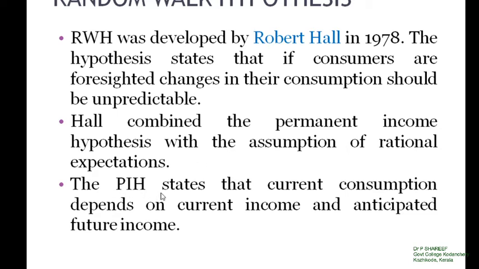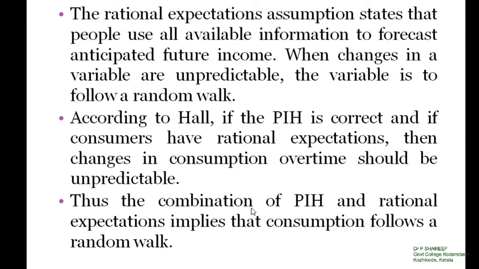The permanent income hypothesis states that current consumption depends on current income and anticipated future income. The rational expectation assumption states that people use all available information to forecast anticipated future income.